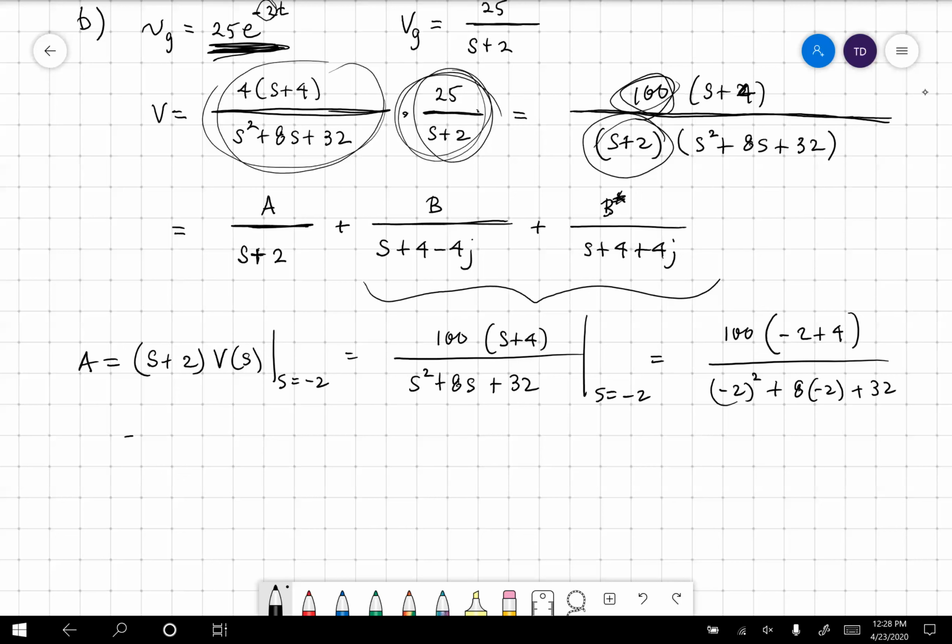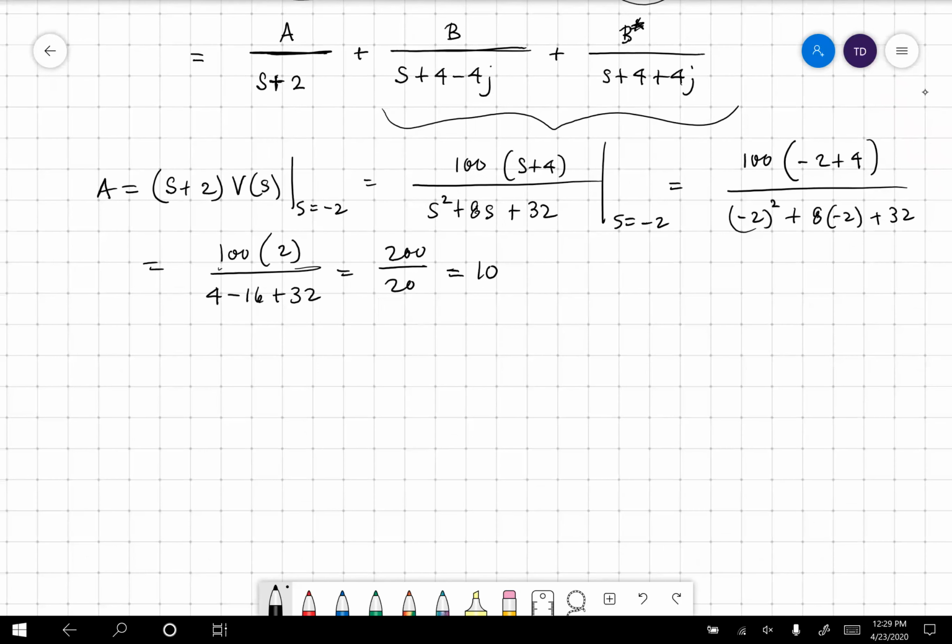Let's see what we get. A is equal to 100 times 2 divided by 4 minus 16 plus 32. 32 minus 16 is 16, plus 4 is 20. What a wonderful number. 200 divided by 20 equals 10. So A is 10 again. That is a coincidence. I just made it work out that way.